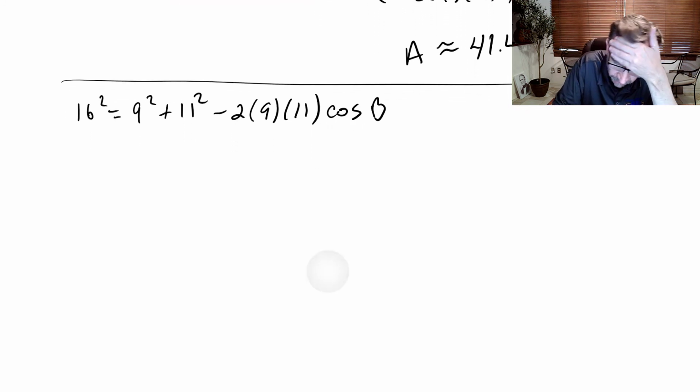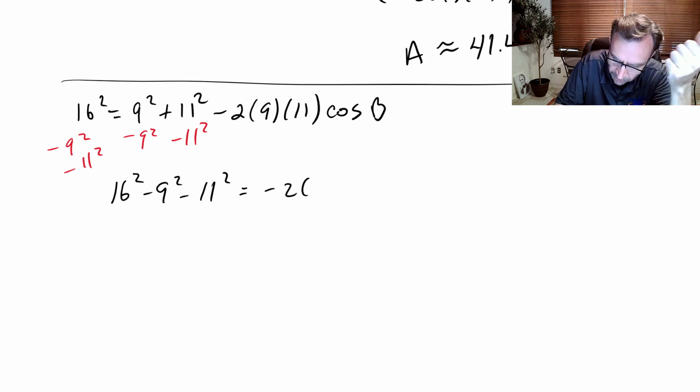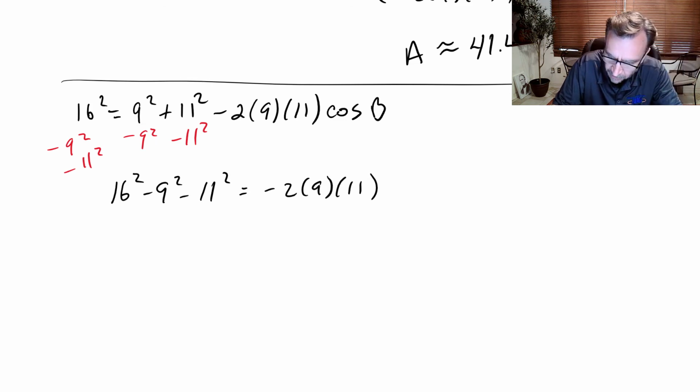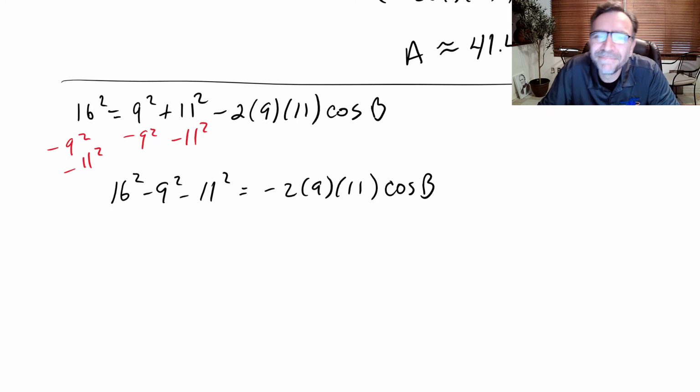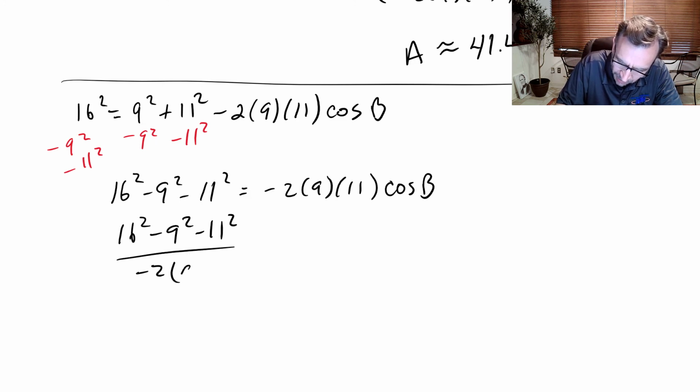So we'll go ahead and solve this. All right, so the first step is to subtract 9 squared and 11 squared on both sides. And we get 16 squared minus 9 squared minus 11 squared equals negative 2 times 9 times 11 cosine of B. Okay, and then dividing, we get 16 squared minus 9 squared minus 11 squared over negative 2 times 9 times 11.